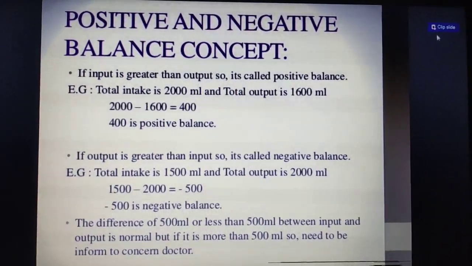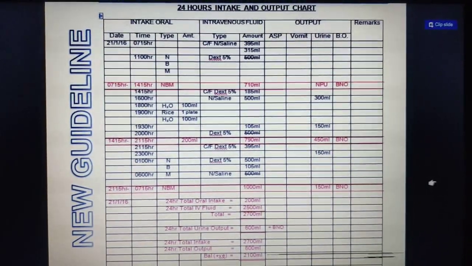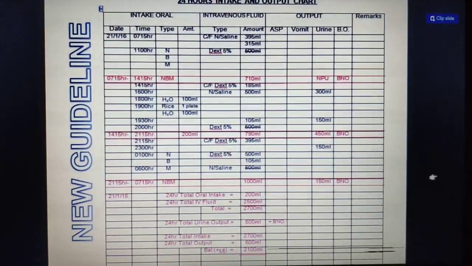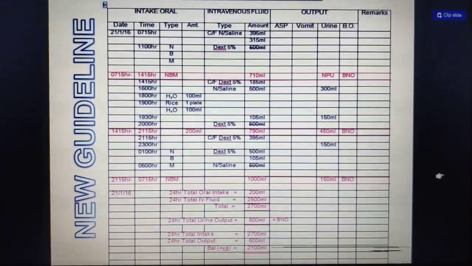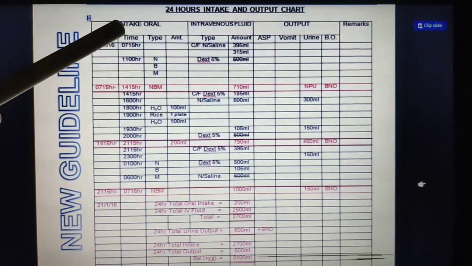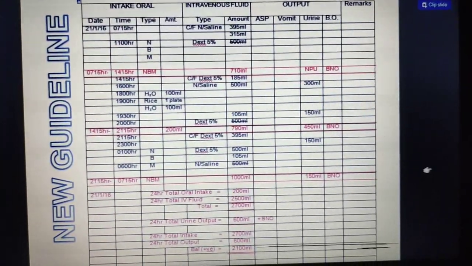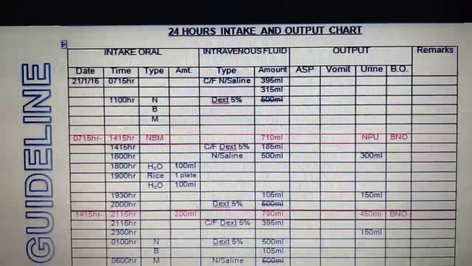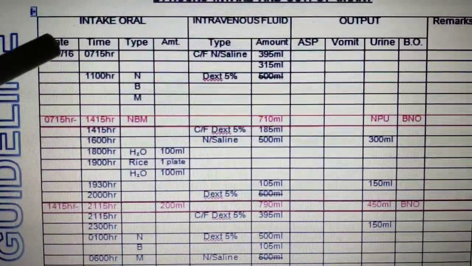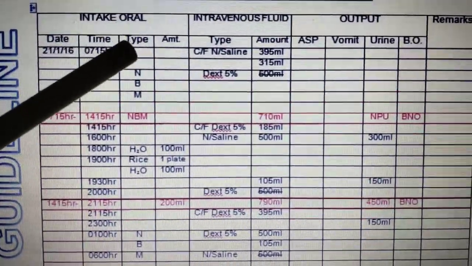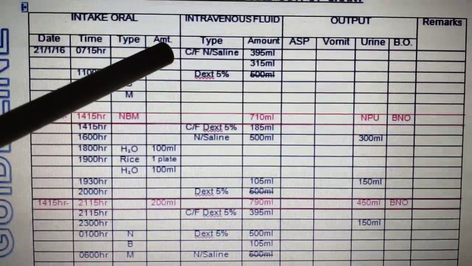Clear? Okay. And see, this is the example for a 24 hours intake and output chart. So watch carefully, I will explain to you. This is the intake column and this is the output column. I will go closer, you can understand easily now. This chart will contain date, time, type of fluid, amount of fluid.